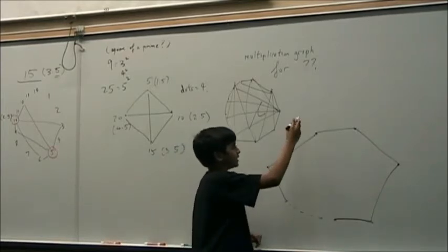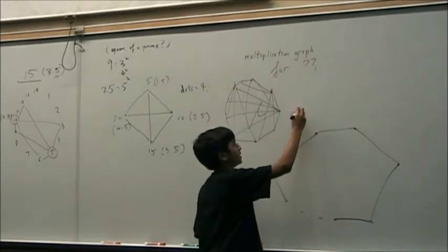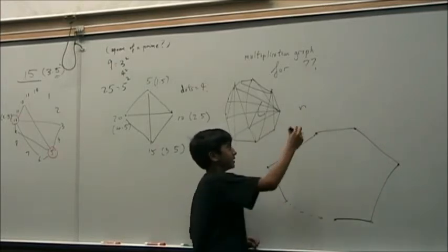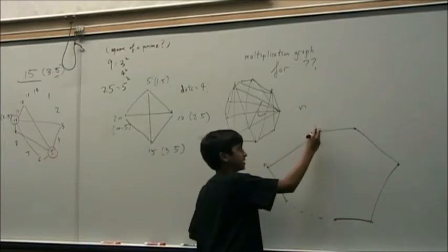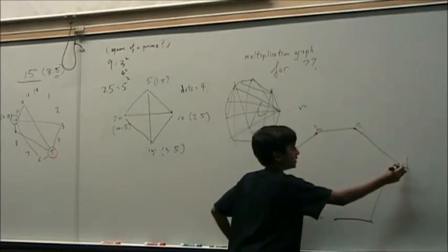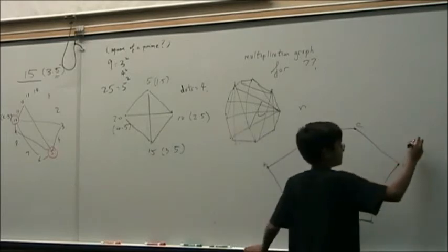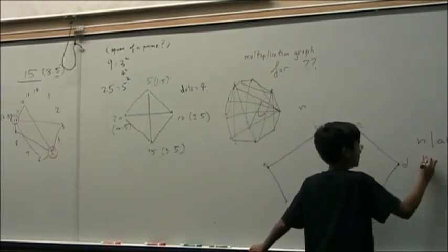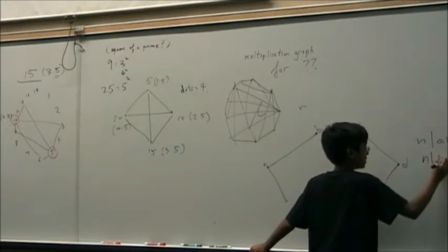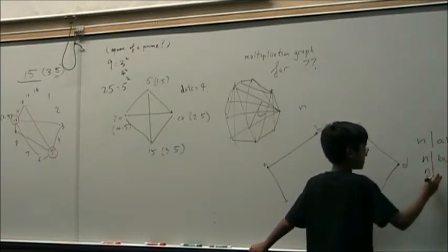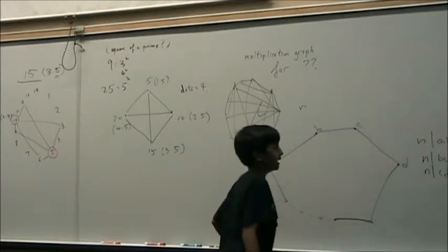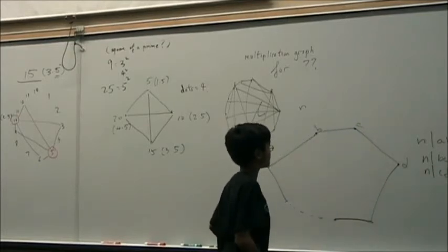If you let n be the number that this is the multiplication graph of, and then you let this be a, b, c, and d, you know that n divides a times b, n divides b times c, n divides c times d.